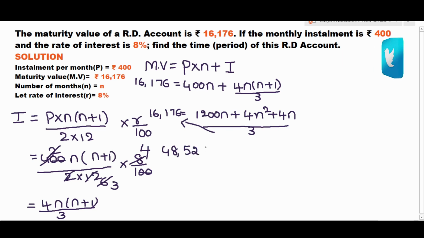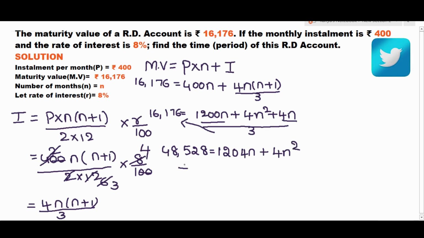Multiplying 3 to 16,176, I get 48,528. These two are like terms, I can add them together, so it gets 1,204n plus 4n square.